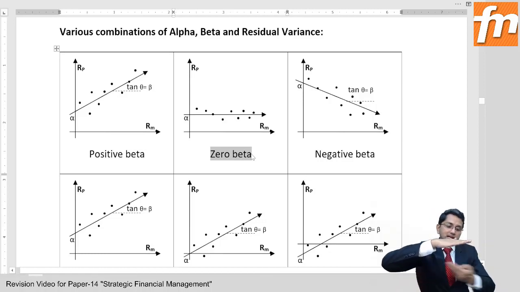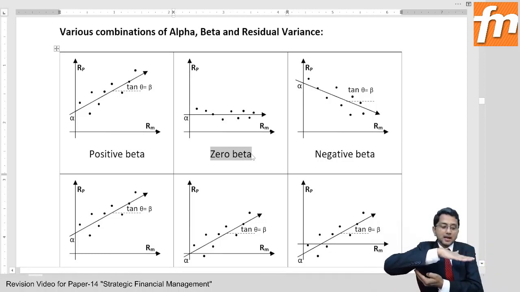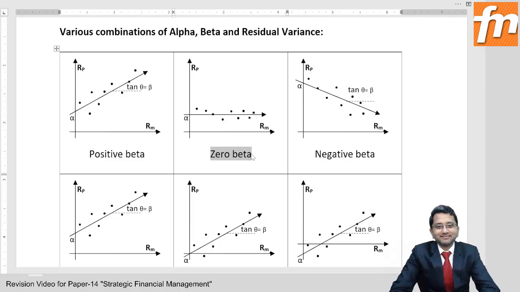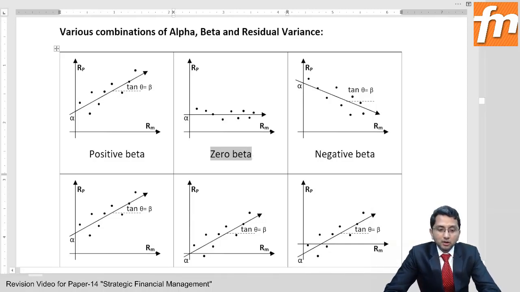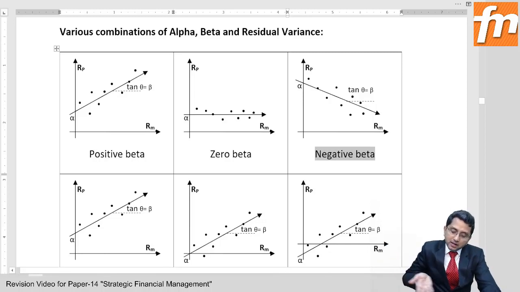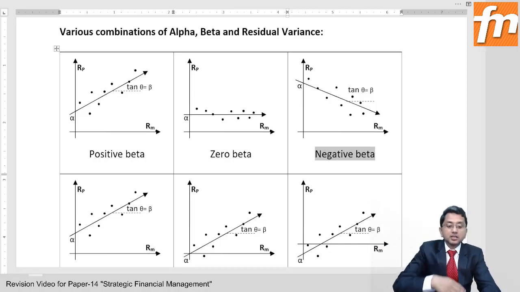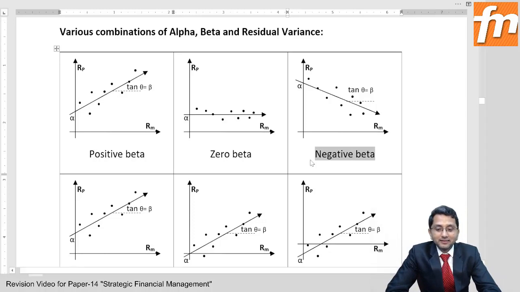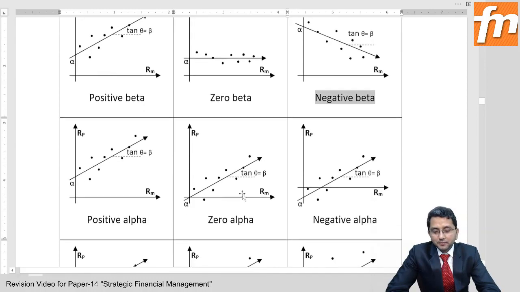Even if Sensex rises or falls, my share remains constant. Probably it's not a share, it's a government bond. That's why it is constant irrespective of change in Sensex. Negative beta, downward sloping line. What does it mean? If market is rising, my share is falling. This is how positive, zero and negative beta look on the graph paper.